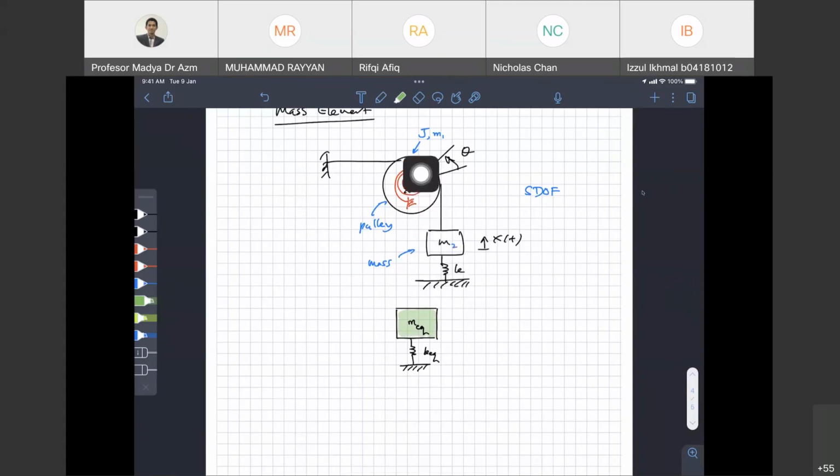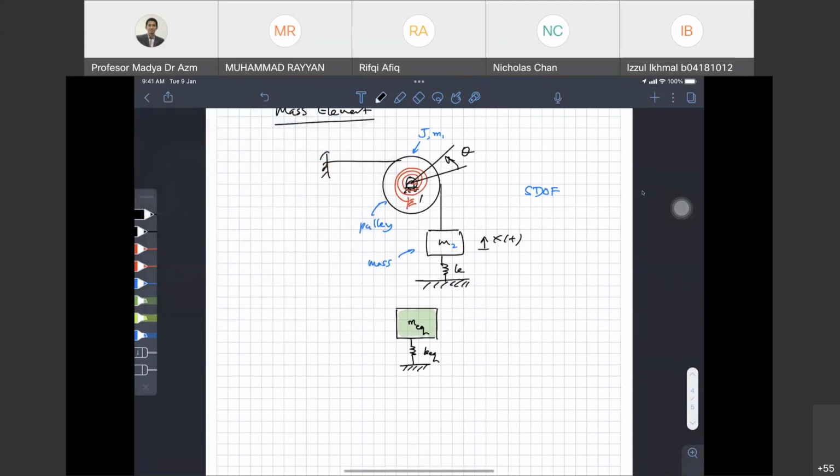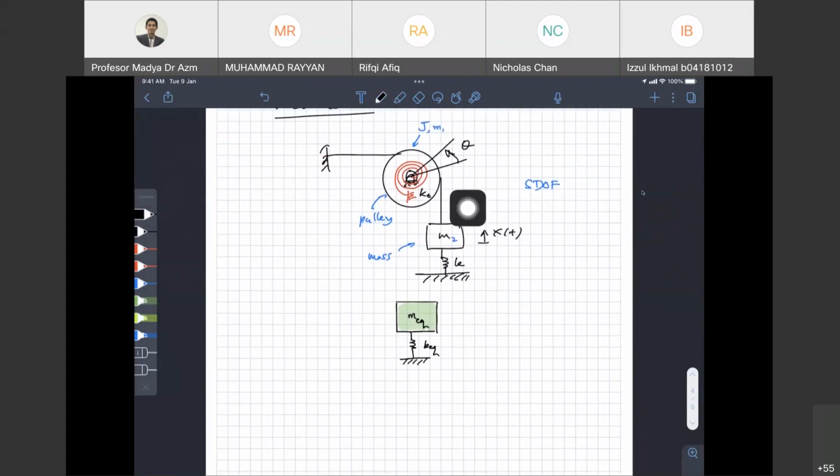Yang torsional spring ni tak masuk. The torsional spring, masuk atau tak masuk? Masuk. So ni masuk juga, ini kita sebut KT lah. K dengan KT. So masuk. So ada dua element of spring. Ni K, ni KT.